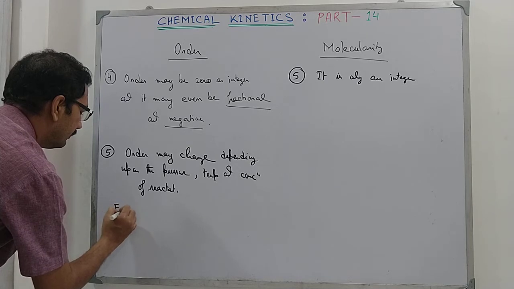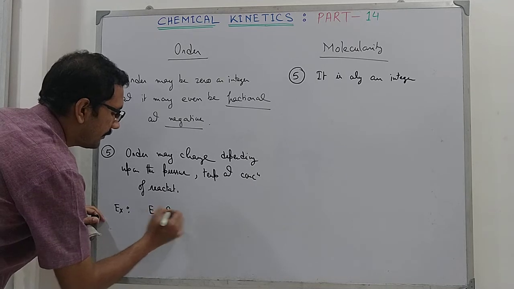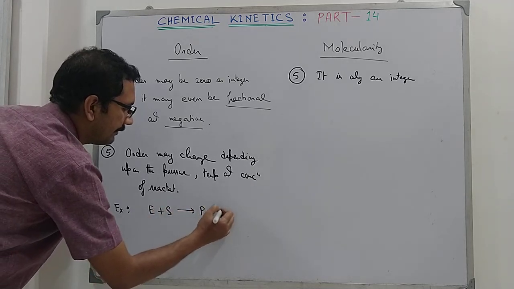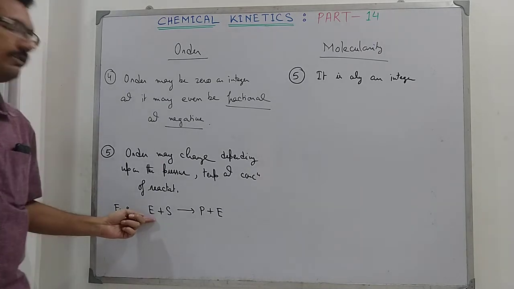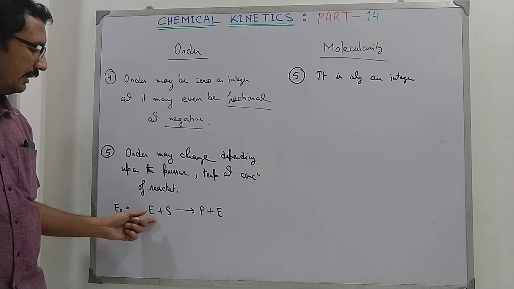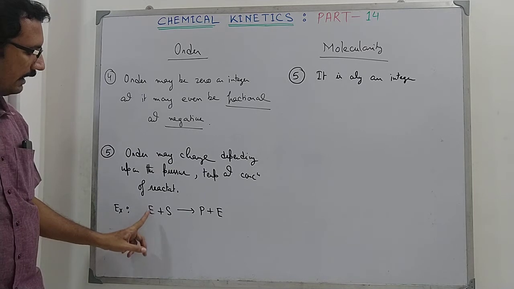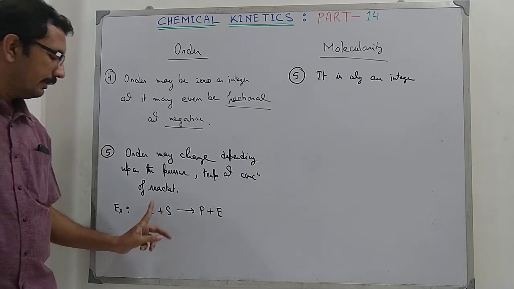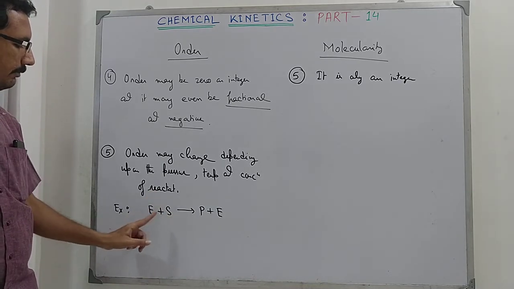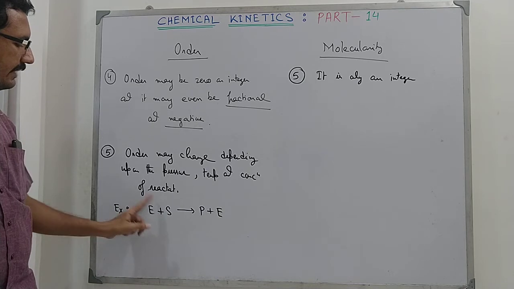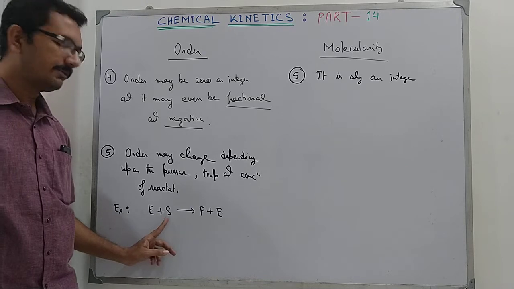For example, when you have an enzyme controlled reaction, you have enzyme plus substrate giving product plus enzyme; you get the enzyme back. Now this enzyme is associated with a turnover number. If the number of substrate molecules is very large, then all the enzyme molecules will be bound to substrate at any moment. So the maximum rate that an enzyme can show will be exhibited, since there are enough substrate molecules.